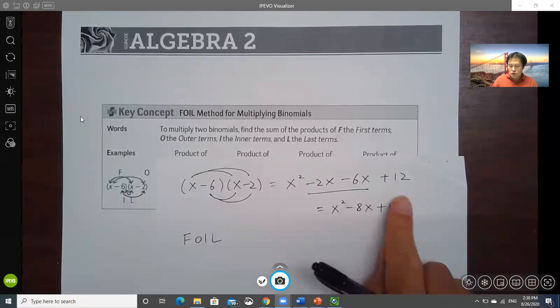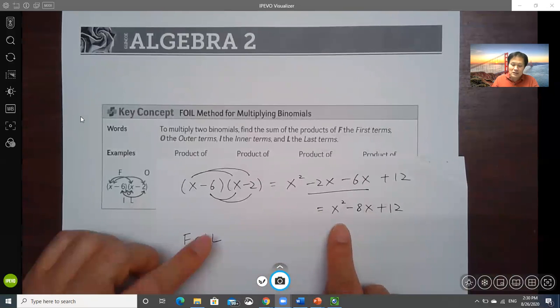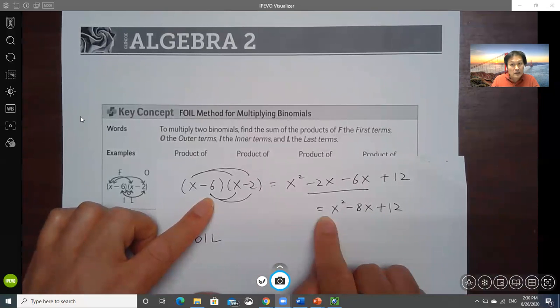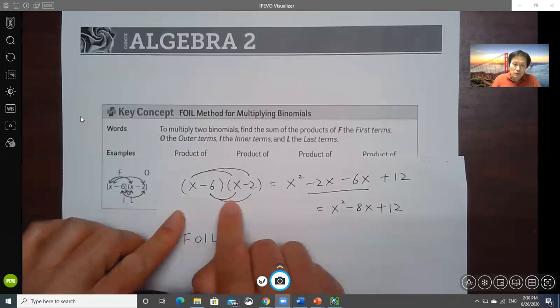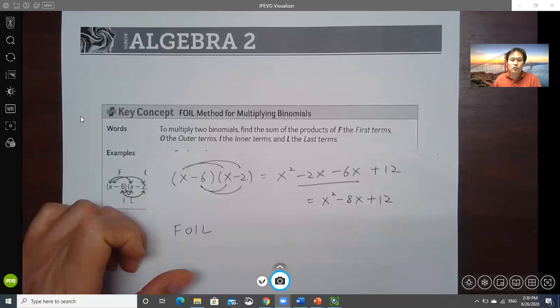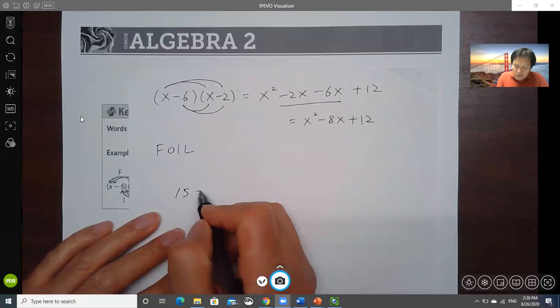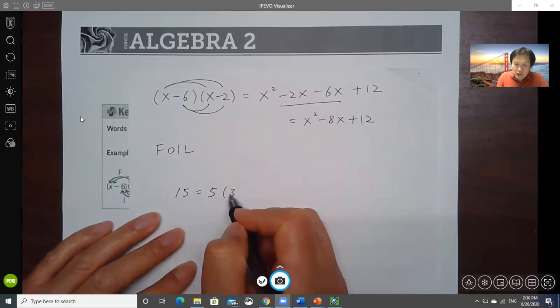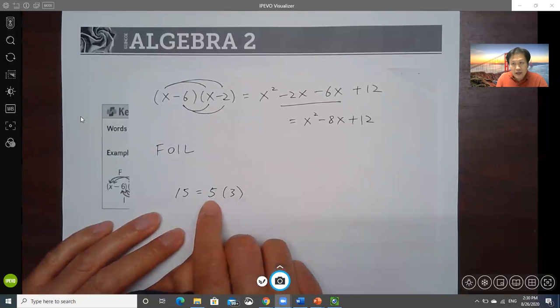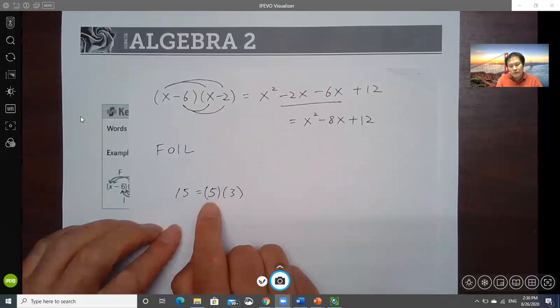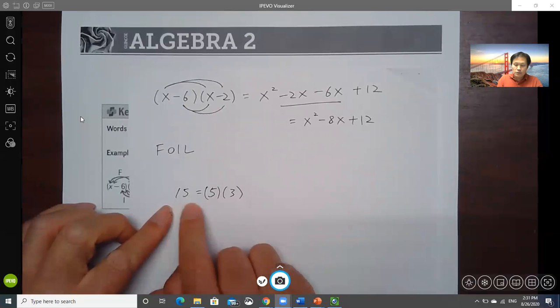So this equation is exactly the same as this expression. This expression is the same as this expression. That's a standard form, that's a factored form. So I want you to understand what factored form means. If you say 15 is equal to 5 times 3, this is 5 times 3, a product. We say 5 is a factor of 15, 3 is a factor of 15. Just like that.